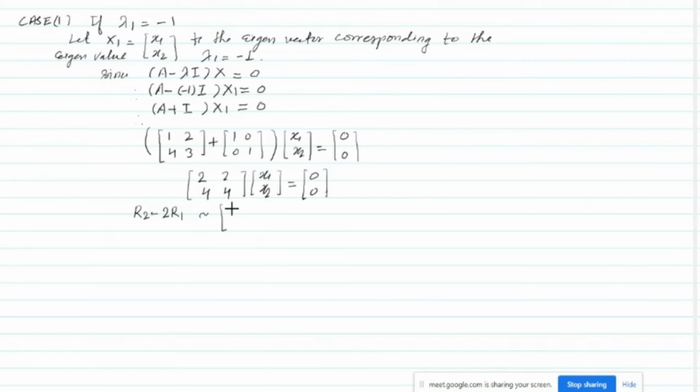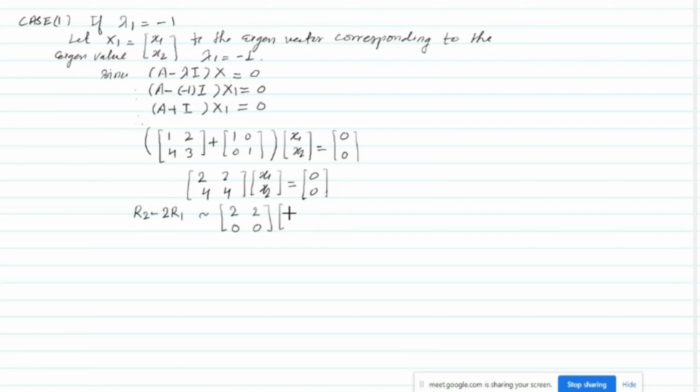Okay, so 2 and 2 as it is, because R1 is first, so only R2 will change. Here R2 is 4 and 2 times R1 is 4, so 4 minus 4 is 0, and similarly 4 minus 4 is 0.